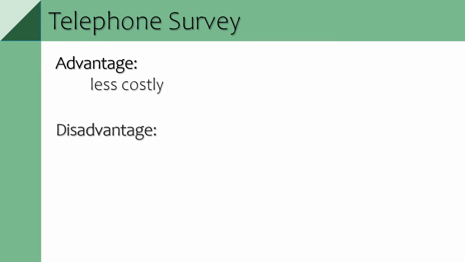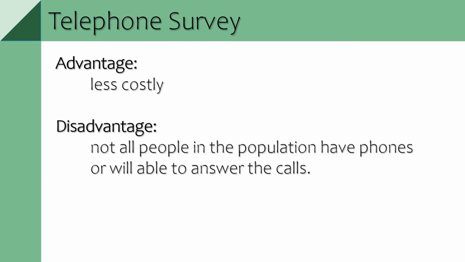The disadvantages of the telephone survey: not all people in the population have phones or will be able to answer the calls. For example, you have a target population, and you are not sure that all of those people have cell phones. Even though they have cell phones, you are not sure if they will be able to answer your call. Another thing is unlisted mobile phones.